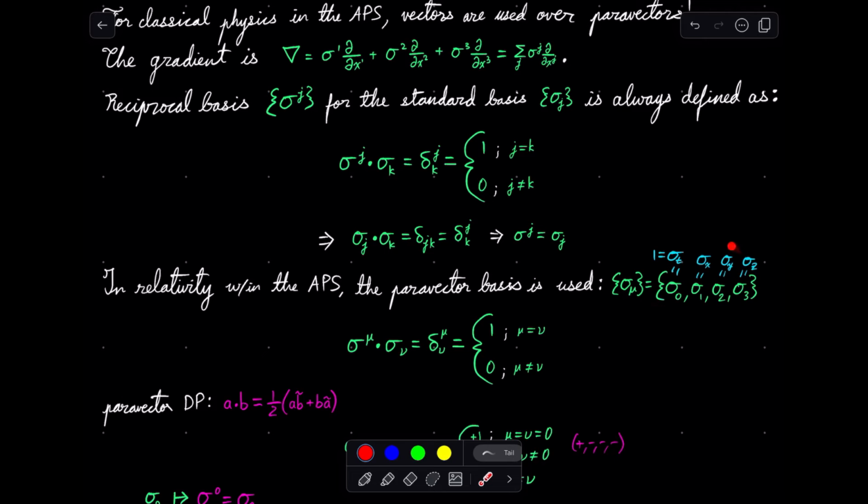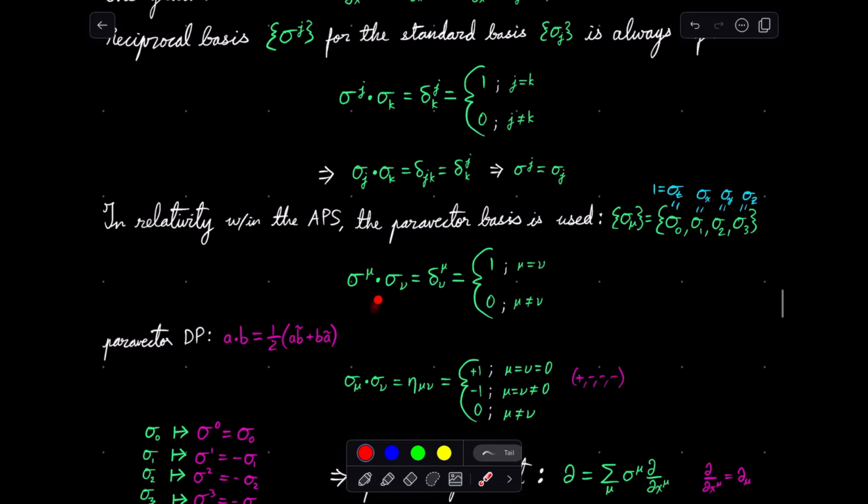There's this basis right here, which is used for the paravectors, where you have sigma naught, which is just sigma t, which is just 1, sigma 1, sigma x, sigma 2, which is sigma y, sigma 3, which is sigma z. And this forms the basis for the paravector.